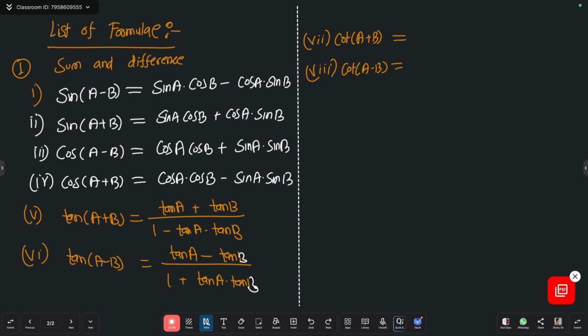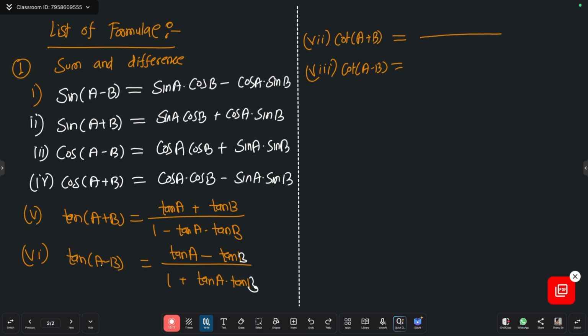Cot and tan are similar, but there is some difference. Whenever you write cot of A plus B, you write in reverse. First you write the B angle, then the A angle. So we first fill the denominator, after that the numerator.